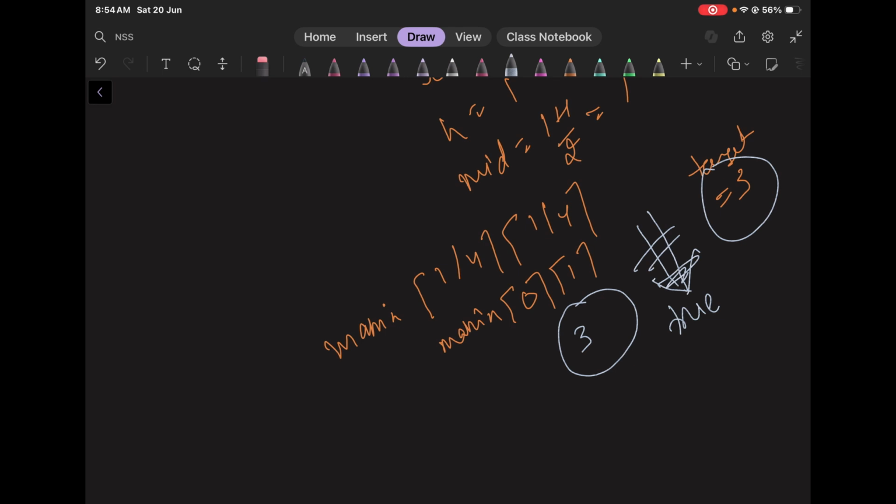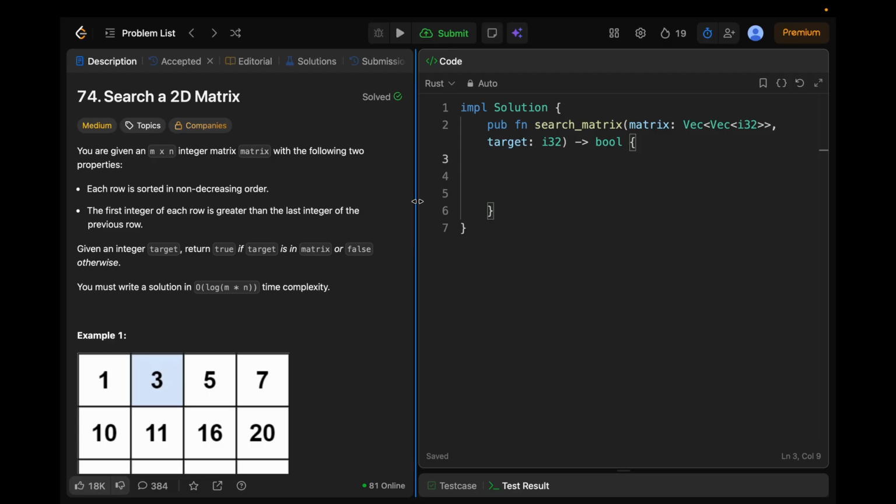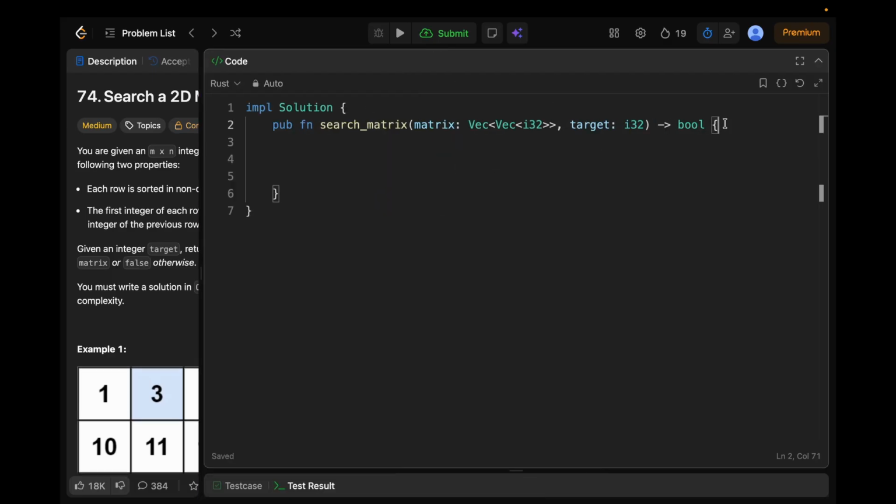Now I will write this in code, in Rust. So over here I create a variable called m, which is matrix dot length. I create another variable n, which is matrix of 0 dot length.